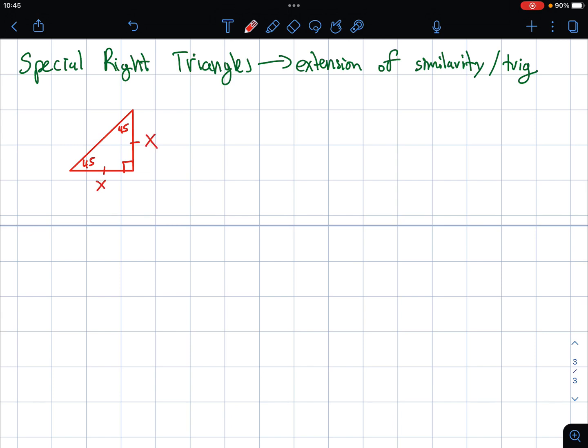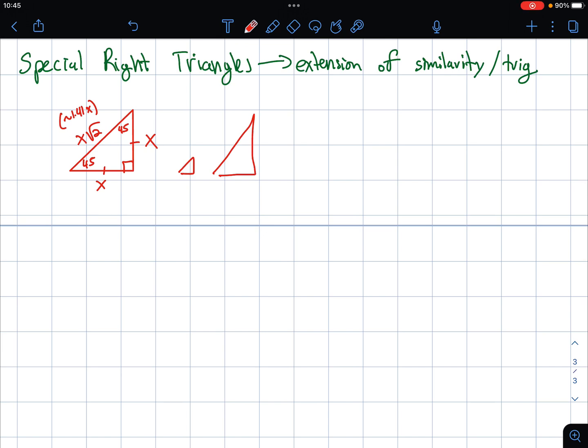These two side lengths are some equivalent length x, and our hypotenuse then is x times the square root of 2, which is also like saying about 1.41 times as long as the legs. The hypotenuse is that much longer. It doesn't matter if we draw a small one or a large one. No matter what, if we have a 45, 45, 90, then that is the case.